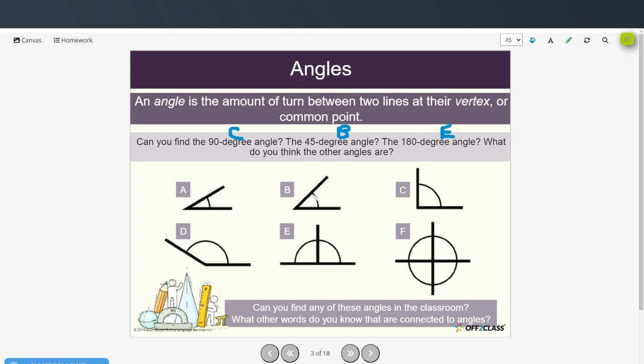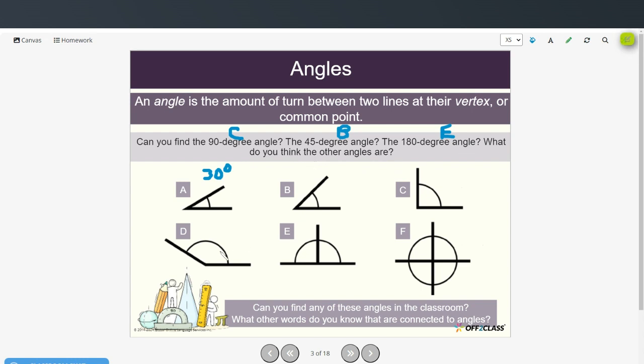A looks like it's a little less than 45 degrees, so maybe about 30 degrees, if I had to take a guess. We could actually get a protractor and measure it if we needed to.